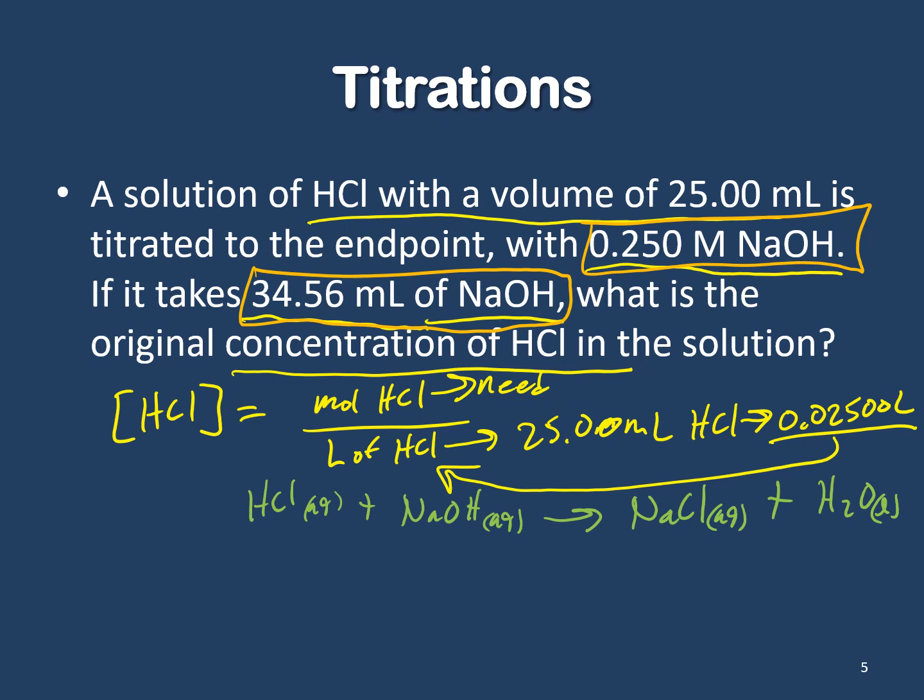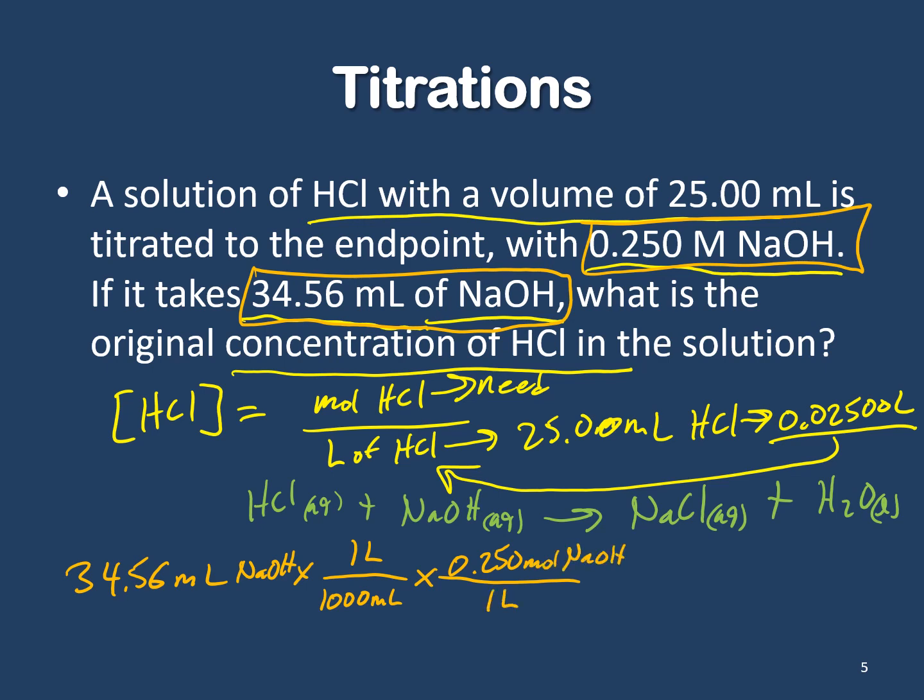Now let's do our calculation, right? We know that 34.56 milliliters of NaOH was used. We know that we got to convert that from milliliters to liters first. Then we know that we have 0.250 moles of NaOH for every 1 liter of solution used.